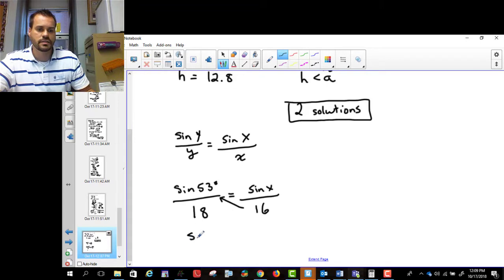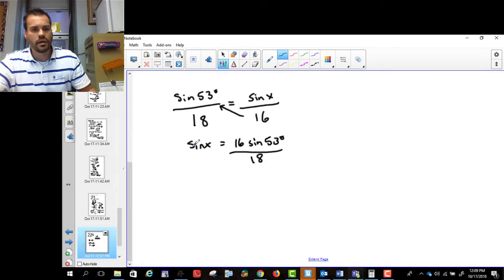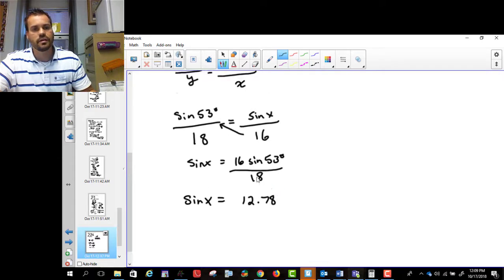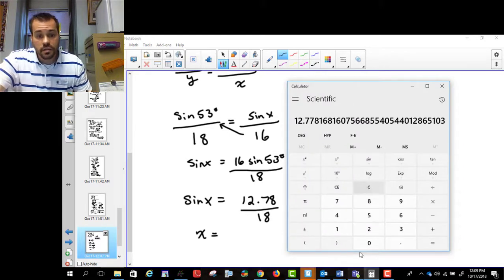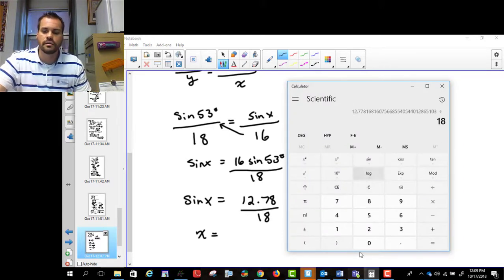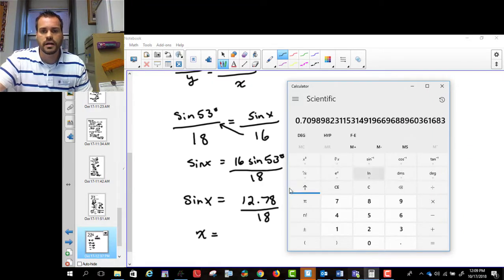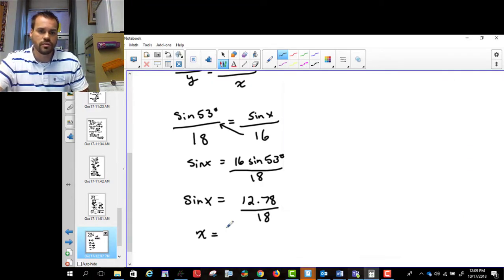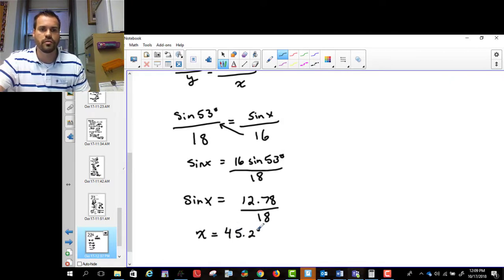So sine X is going to be 16 sine 53 over 18. And we know, because we just did that, 16 sine 53, that's our h, so that's 12.78, or 12.8, divided by 18. So then we get X by taking the arc sine, and it's 45.22. So we'll say 45.2 degrees.